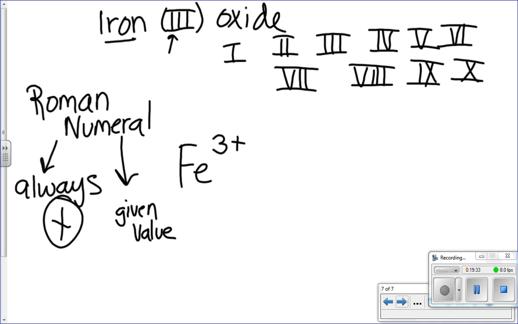What is the symbol for the negative ion? O2 minus. Alright, now what? We're going to crisscross them. And what do you get?